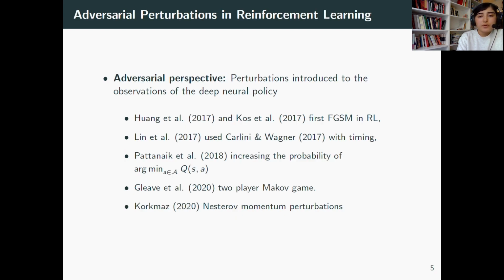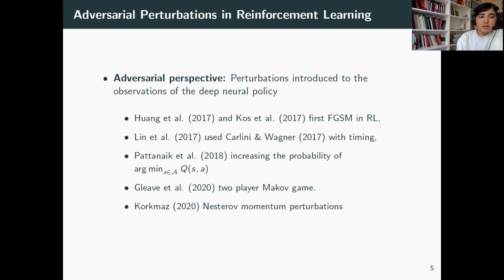I would like to move forward to adversarial perturbations in reinforcement learning. The initial work is based on applying fast gradient sign method perturbations in reinforcement learning, and some work focuses on the timing perspective. And Pattanaik et al. propose to increase the probability of taking the worst possible action in a given state.